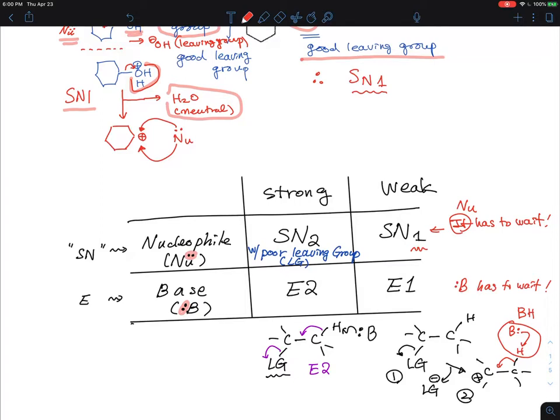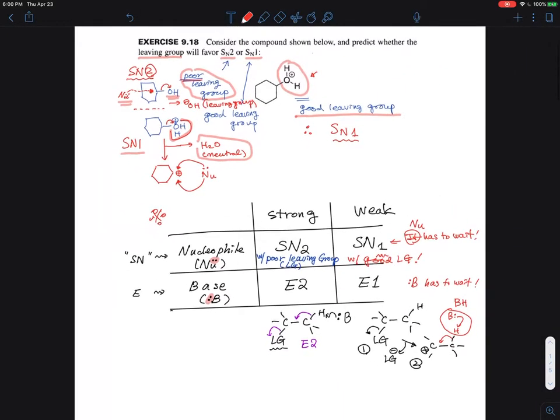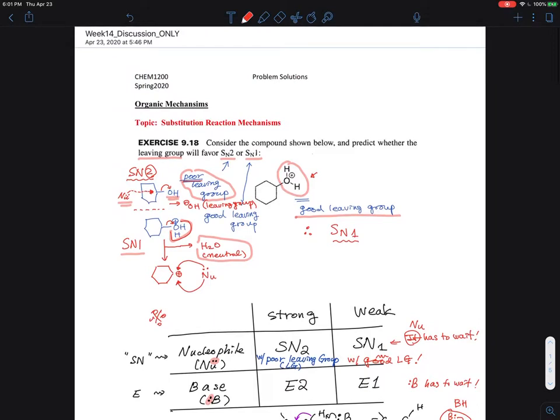In these cases, when you have a unimolecular reaction, we are typically dealing with a good leaving group. That's the concept I want you to keep in mind: the nature of the leaving group.